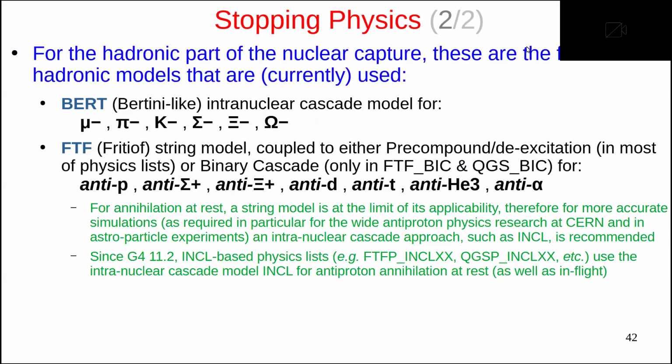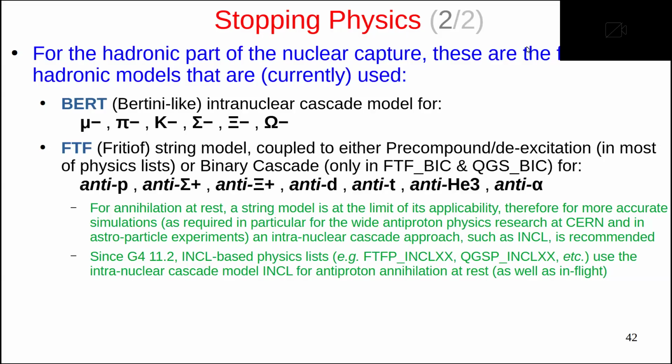So this is what we are doing. As I said, Bertini will be used for the nuclear capture of mu minus, pi minus, K minus, sigma minus, xi minus, and omega minus. And the string model is used for antiproton, anti-sigma plus, anti-xi plus, anti-deuterium, anti-tritium, anti-helium-3, anti-alpha.